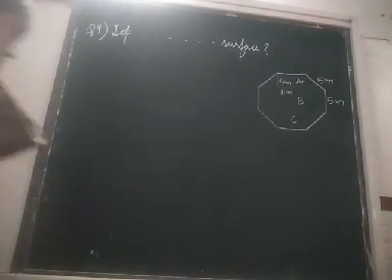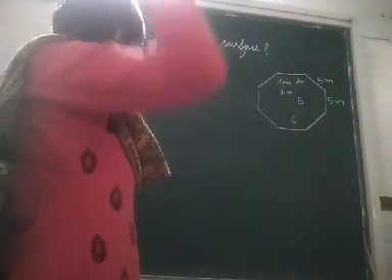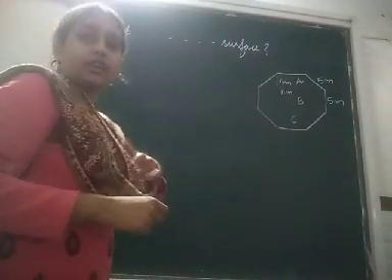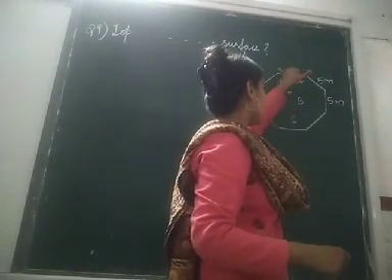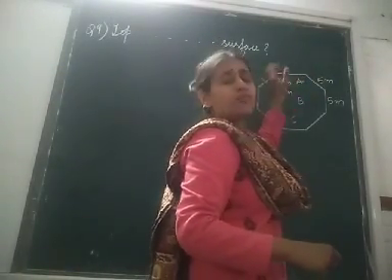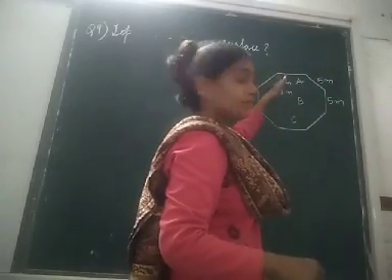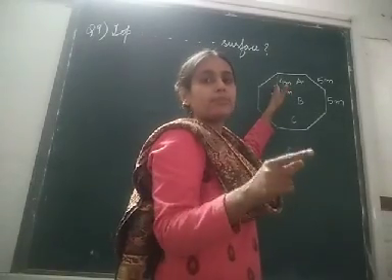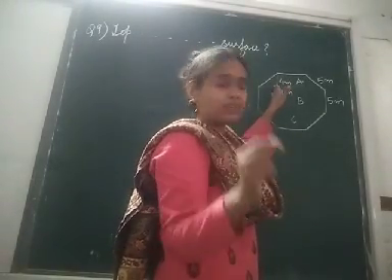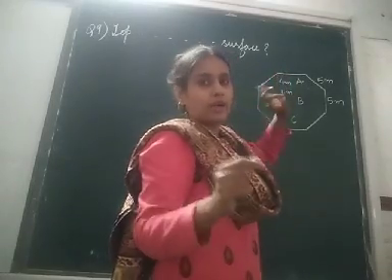So first we will find out the area of trapezium A. So the area of the trapezium is what? It is h into (a plus b) by 2, where h is the perpendicular distance, and a and b are the 2 parallel sides.